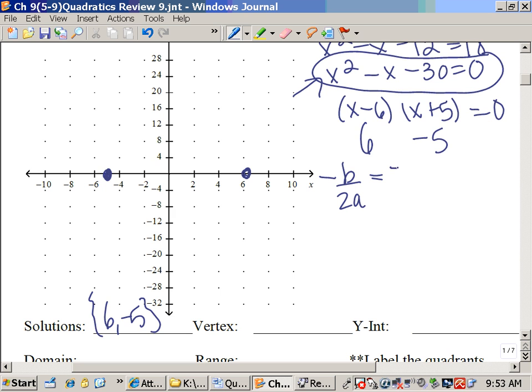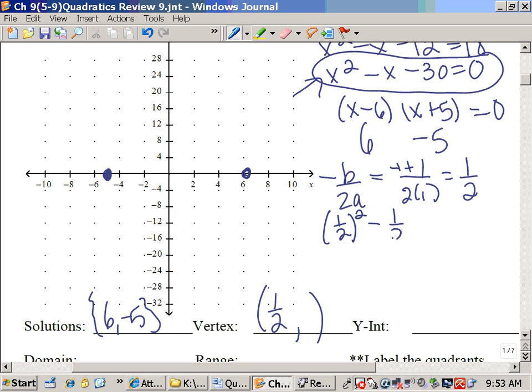So that's negative 1 over 2 times 1, which is positive 1/2. So my vertex x value is 1/2. Now I have to plug in the 1/2 to get the second part. So it's going to be 1/2 squared minus 1/2 minus 30 equals 0.